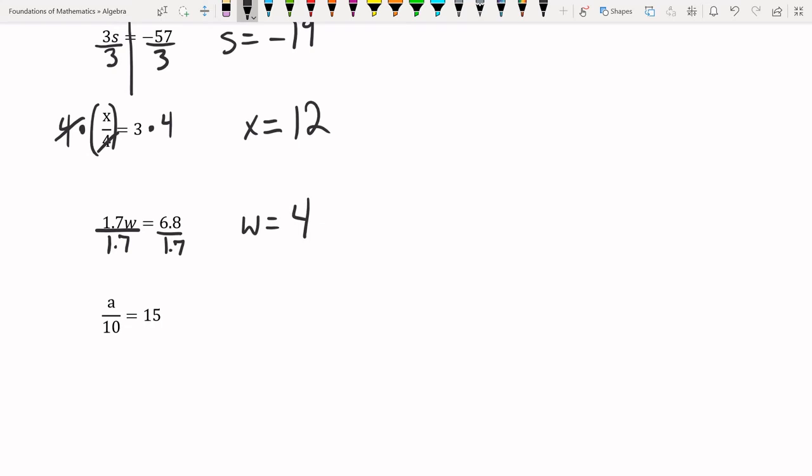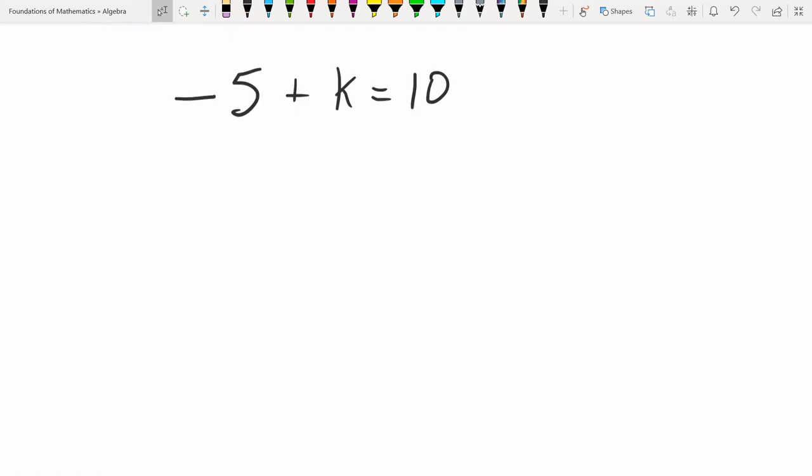Last one here, we have a divided by 10 equals 15. So we need to multiply by 10 on both sides. Here we have a equal to 15 times 10, which is 150.